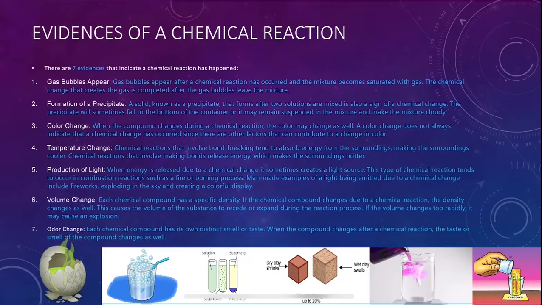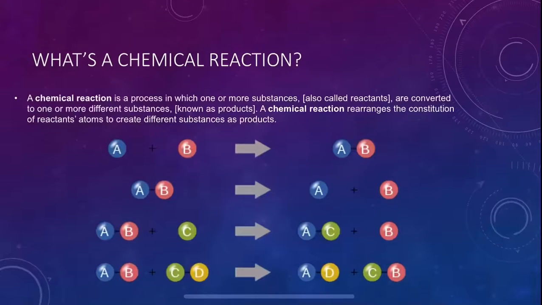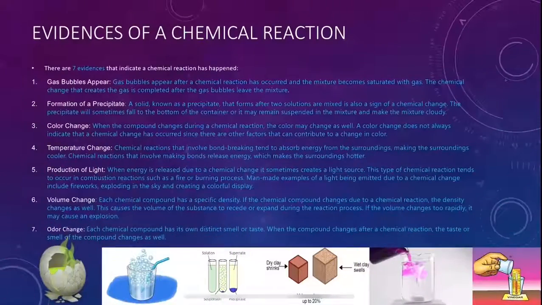Here are some pictures of the evidences. The first one is a rotten egg, the last evidence of a chemical reaction, the seventh, odor change. The second one is the first evidence, gas bubbles appear.